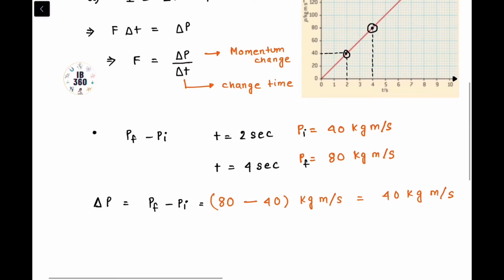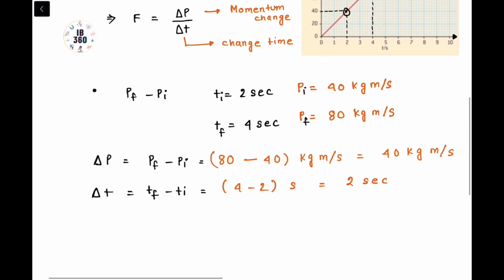And what is the change in time? Delta t. This was our initial time and this was our final time. So delta t is t final minus t initial, which is 4 minus 2 seconds, which is equal to 2 seconds.